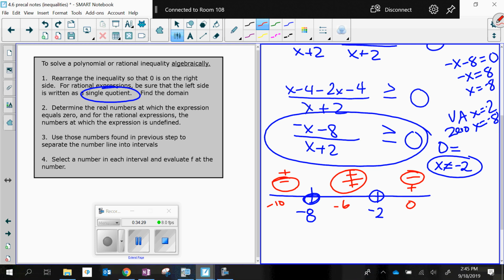All right, so what is that? Why did you include the -8 and not the -2? Okay, -8 is a 0 or x intercept or root or whatever you want to call it. Okay, good job.